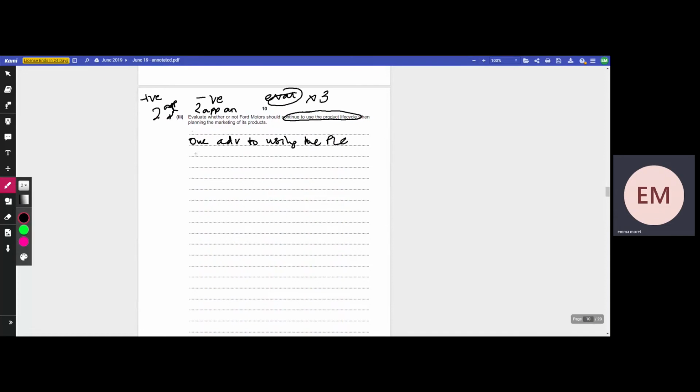Okay, so one advantage to using the product lifecycle is that at launch, the new models will be unknown.